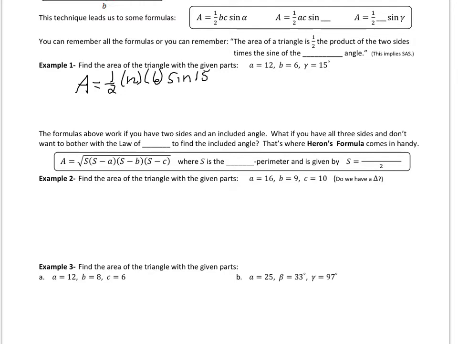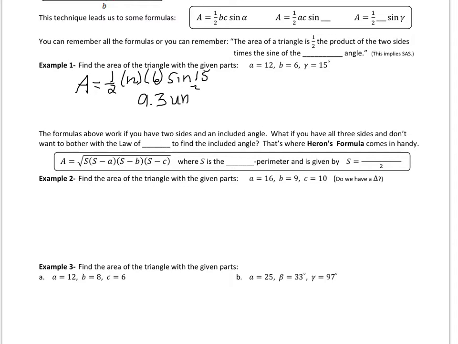Now we don't have Alec as my calculator guy here, although it looks like Ethan's on it today. So we get 1/2 of 12 is 6, 6 times 6 is 36, so your 36 sine 15 is? 9.3. And it's in whatever units it is, this isn't specific, so 9.3 inches squared, or if there isn't, you can just put units squared.